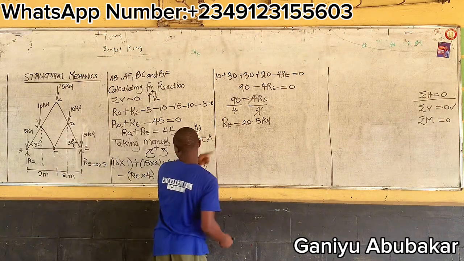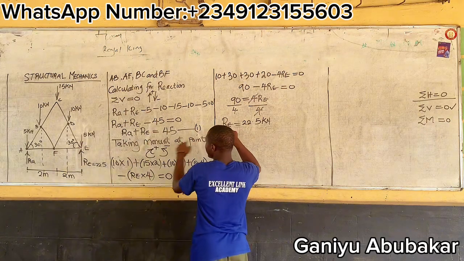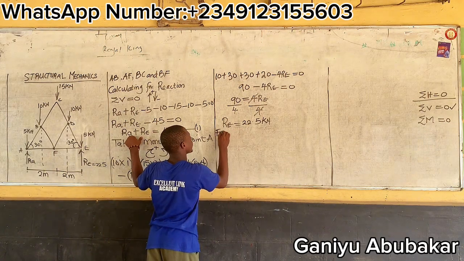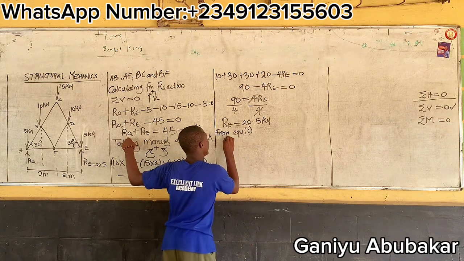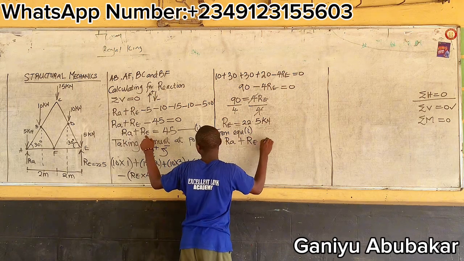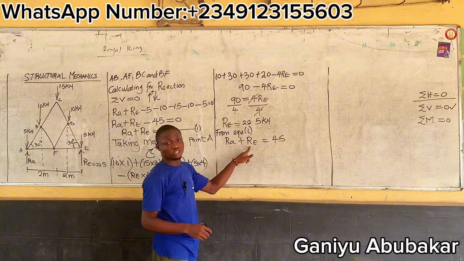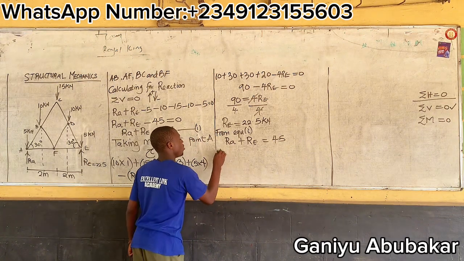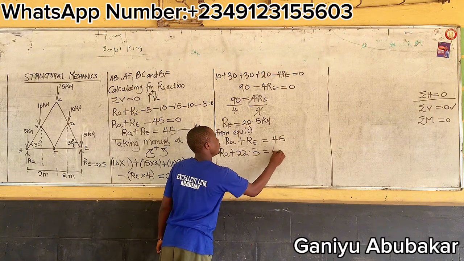What am I looking for again? RA, right? So I'll recall from equation 1, that says RA plus RE equal to 45. Since I see RE is 22.5, RA plus 22.5 equals 45.